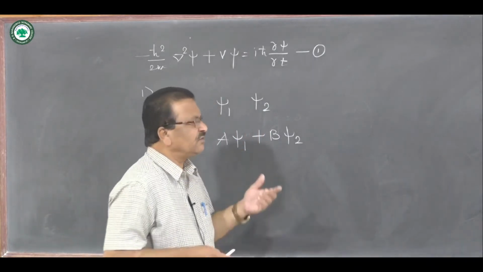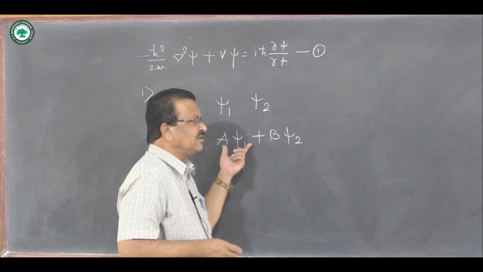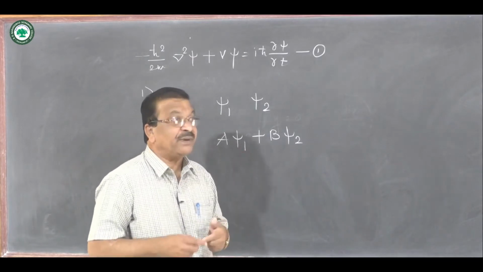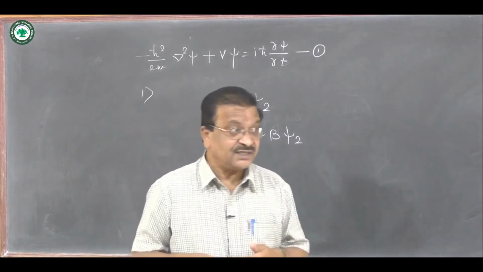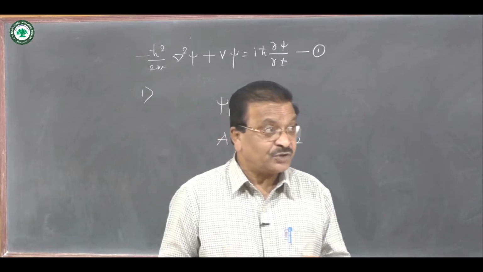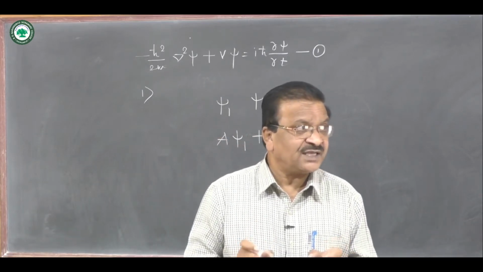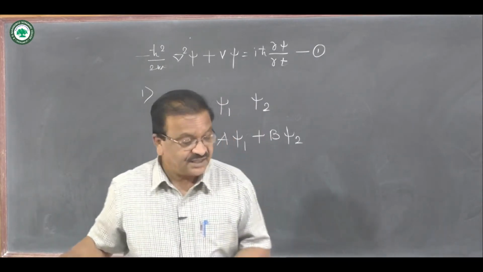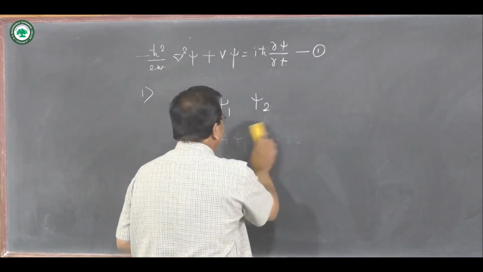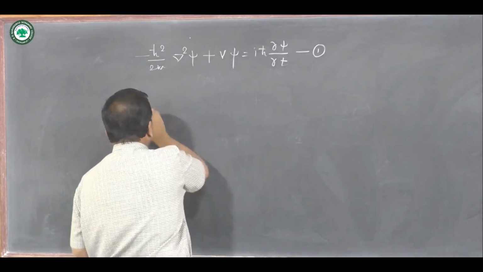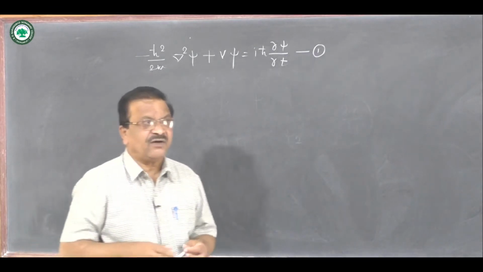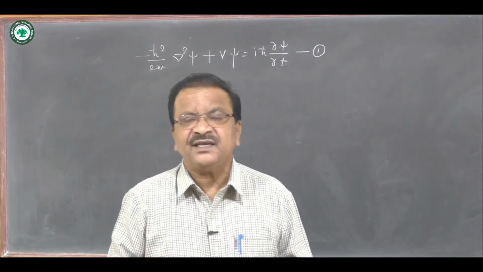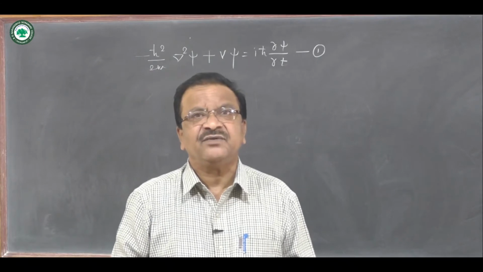This is what is called the principle of superposition, which is built into the time dependent Schrodinger equation itself. Then the third property of this equation is that it is basically a non-relativistic wave equation.